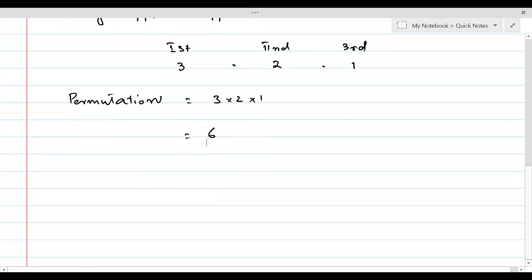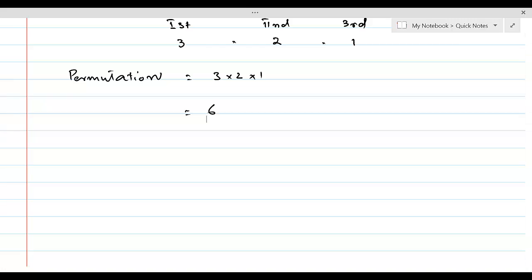If we take a different approach and we repeat elements, like 3 3 3 is also a possibility.